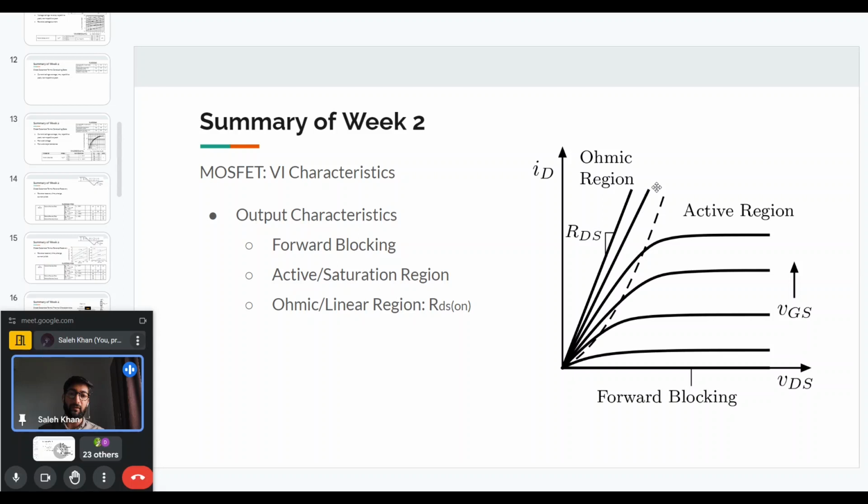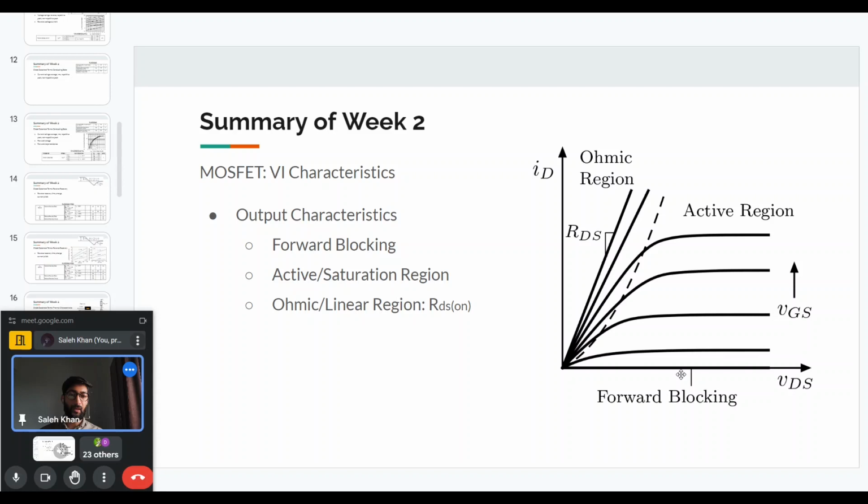That means the MOSFET will not conduct any current. And once we increase the gate source voltage, we will go into the active region, sometimes called the saturation region. In this region, the device can carry some current, but at the cost of very high voltage across it, and this will create a lot of loss in power electronic circuits.